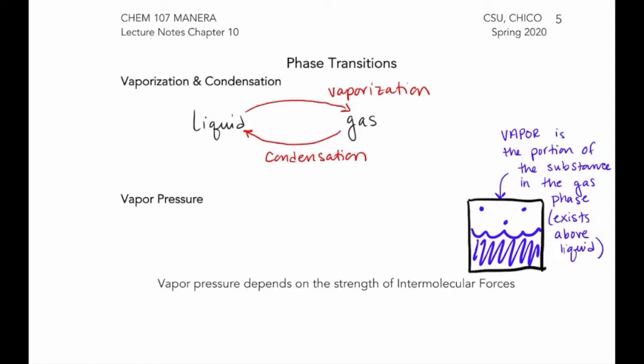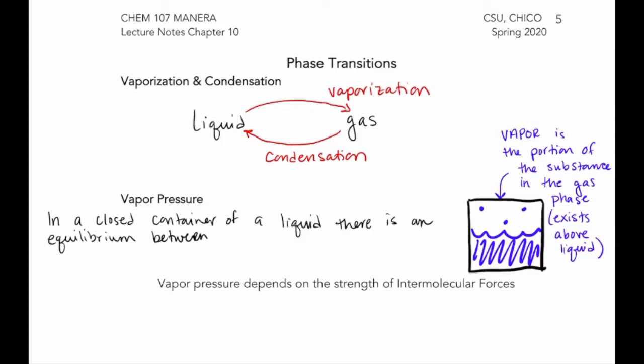So there is some portion in the gas phase, and in a closed container of a liquid, there is an equilibrium between vaporization and condensation processes. Okay, that's what causes the vapor to exist.